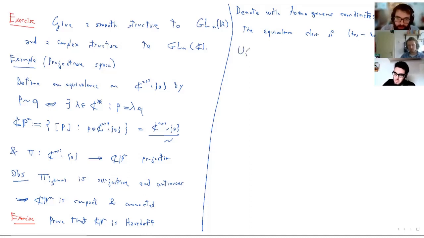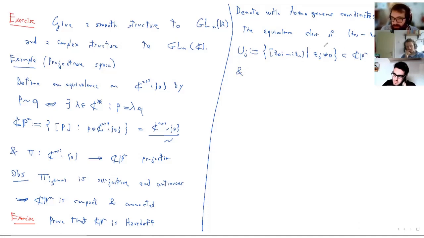Now we define Uj, an open set in CPn, of all these equivalence classes such that zj is non-zero. This is a subset of CPn, and it's open.